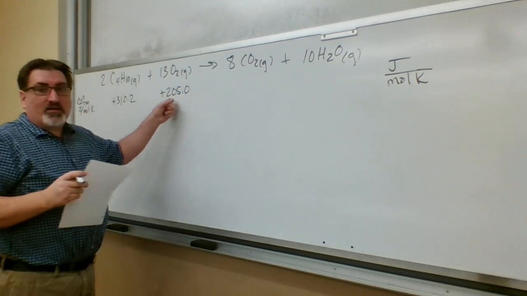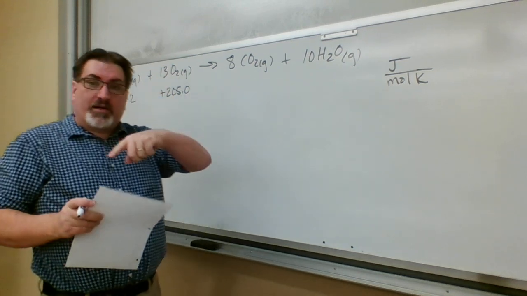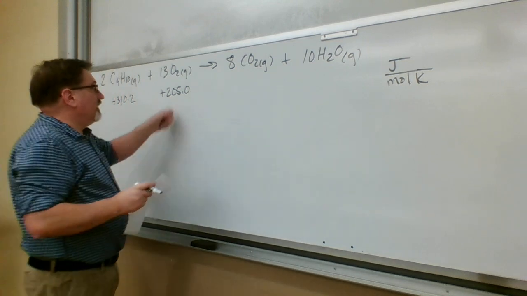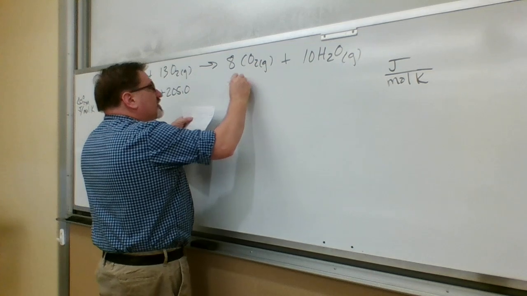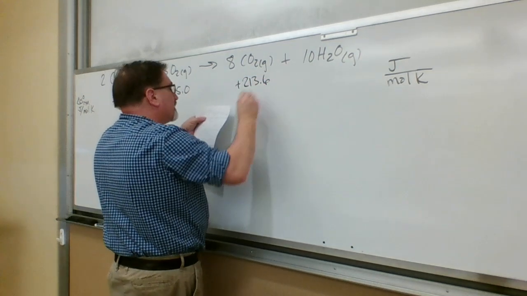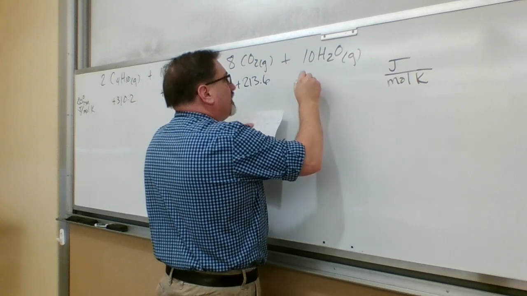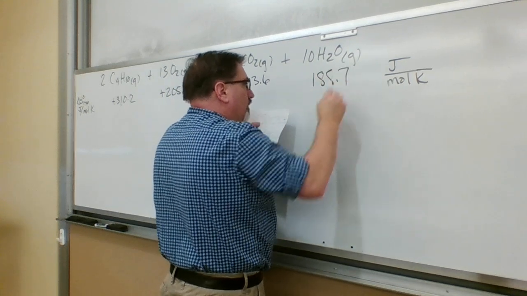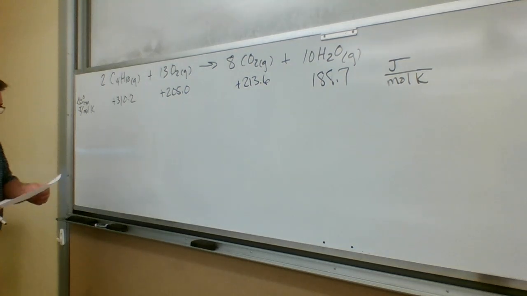This is not zero because the formation of O2, two atoms of O forming an O2, is going to be a change in entropy. Plus 213.6 for CO2 and plus 188.7 for H2O, joules per mole Kelvin.